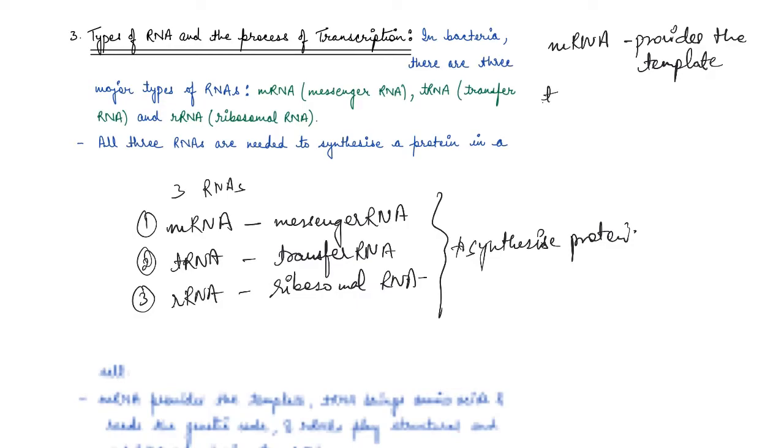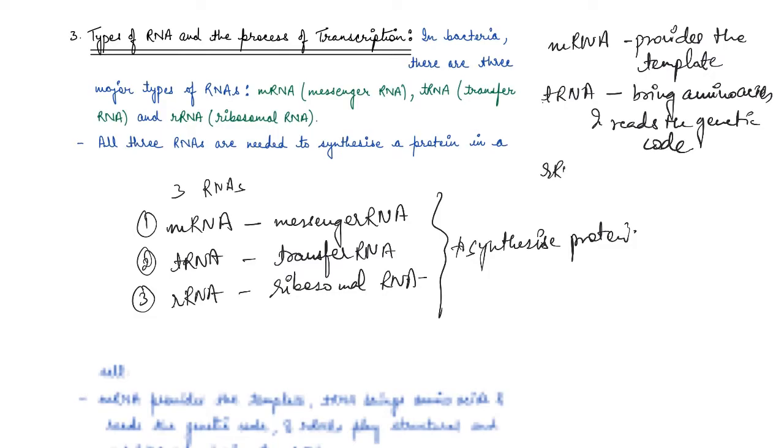Transfer RNA brings amino acids and reads the genetic code. So it is transferring something. What? It is transferring amino acids and then reading the genetic code. And the third is rRNA, right?